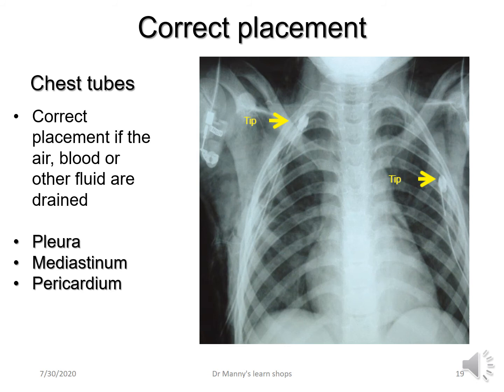If it's been placed to drain blood, you should see blood to drain the hemothorax. If it's been placed to drain a pleural effusion, you should see drainage. So correct placement is when the air, blood or other fluid are drained. And these can be drained from the pleura, the mediastinum, the pericardium.